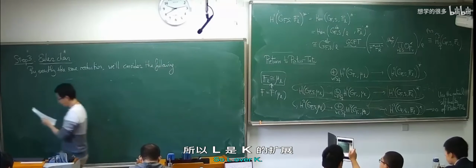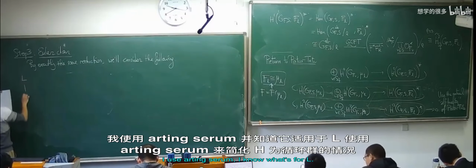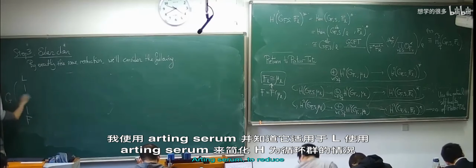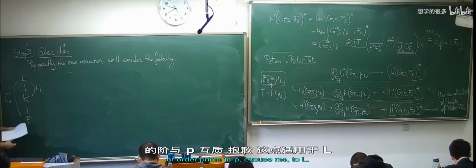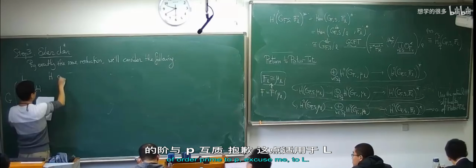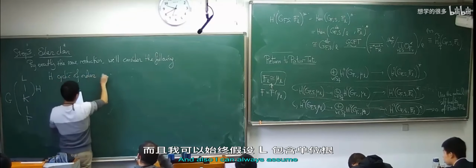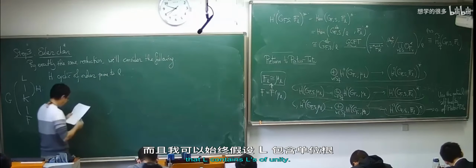So L over K. Remember that my F is down here. So this is my G. I use Artin's theorem to reduce to the case where H is cyclic of order prime to L. And also I can always assume that L contains L roots of unity.